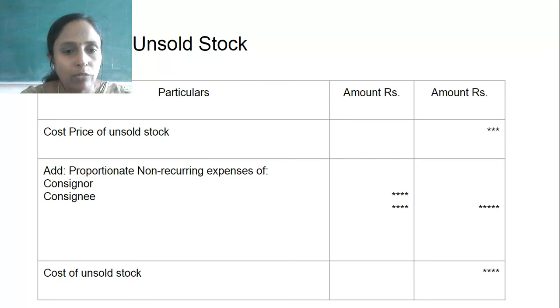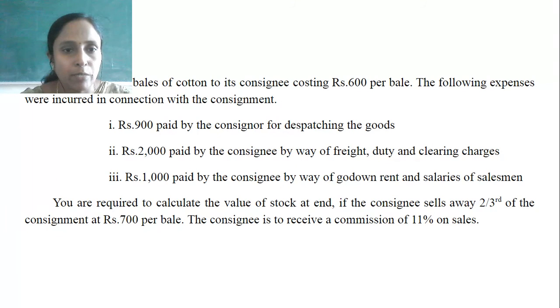Here we have to take only the non-recurring expense of consignor and consignee, and that expense should be converted for 20 units. Those 20 units are remaining unsold. That is to be added, and after adding this we will get the cost of unsold stock, and this is credited in consignment account in order to get exact profit or loss on consignment.